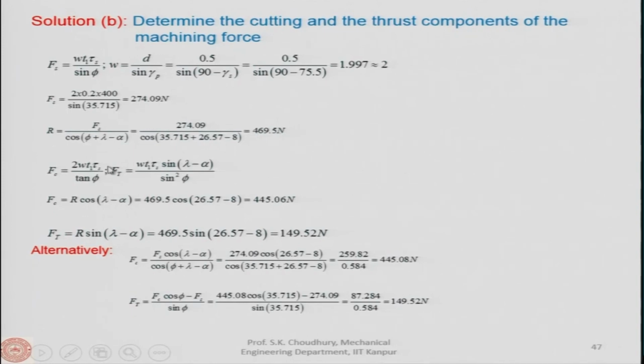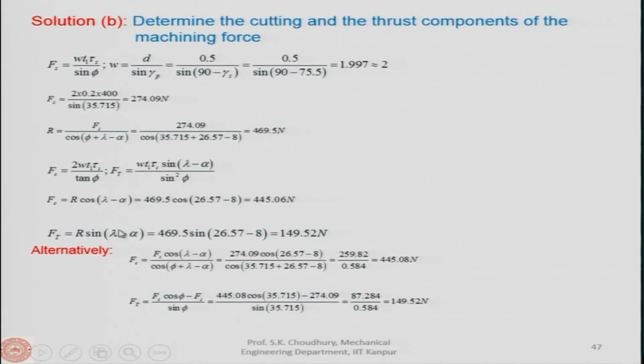From this R value, we can find out the Fc value as well as the Ft value. Fc is equal to 2 W t1 tau s divided by tan phi. This can be derived from the Merchant's analysis. Similarly, from Merchant we can derive Ft as W t1 tau s, sine of lambda minus alpha by sine square phi.